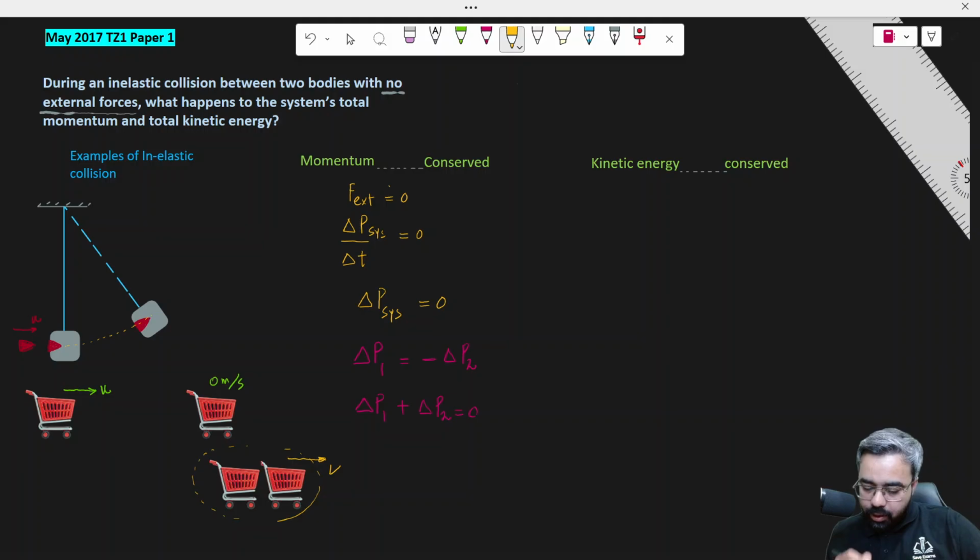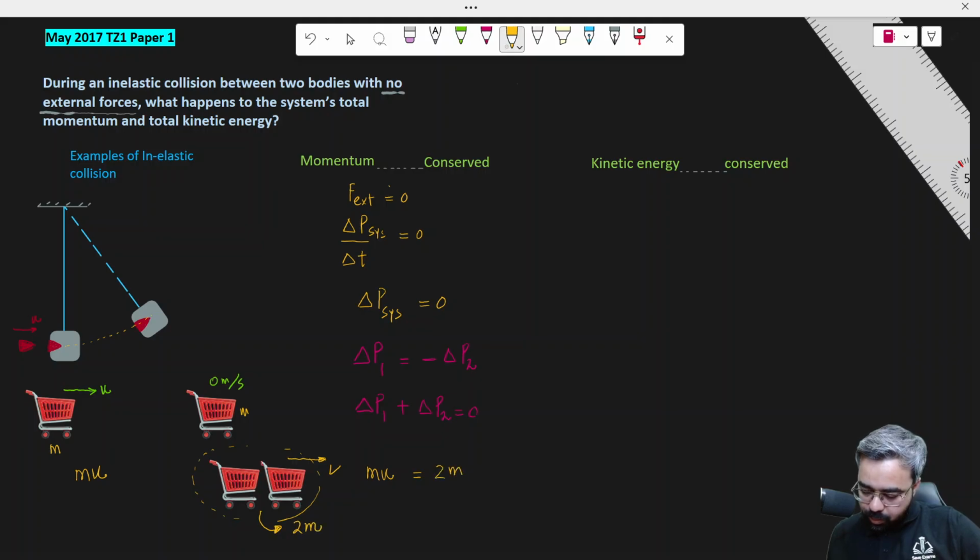Which means that the total momentum before the collision, if both have a mass m, is mu. So mu is equal to the total momentum after collision. Now it's a system of masses, so it has a total mass 2m.